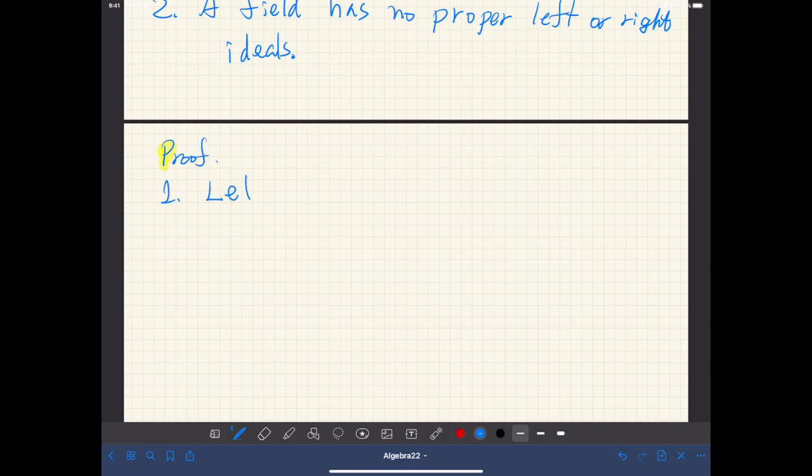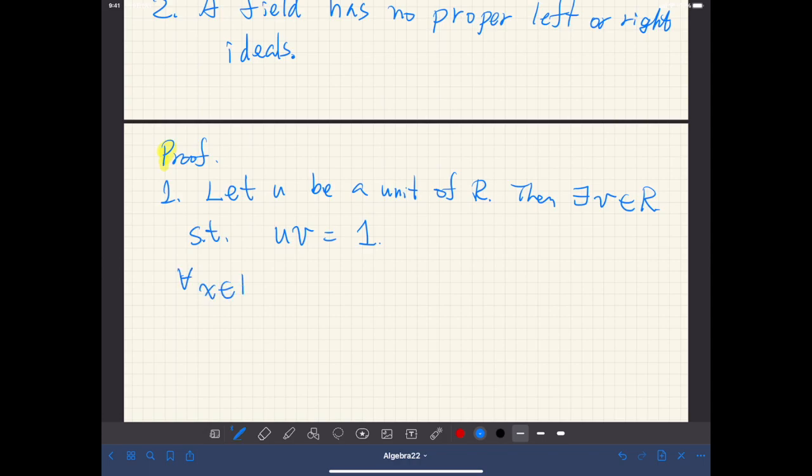First, let u be a unit of R. Then there exists some element, let's say v, in R such that uv is equal to the identity element. So for any element x in R, we have x equals x times 1, which is equal to x times uv.